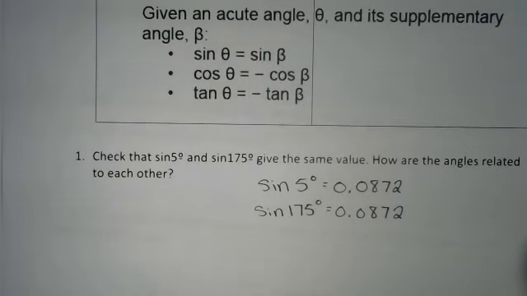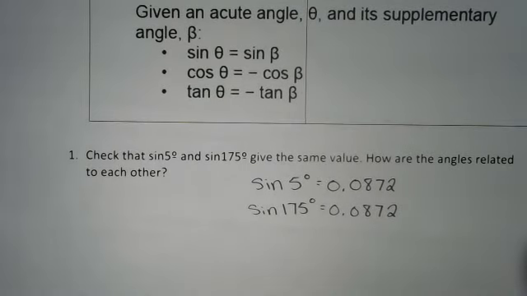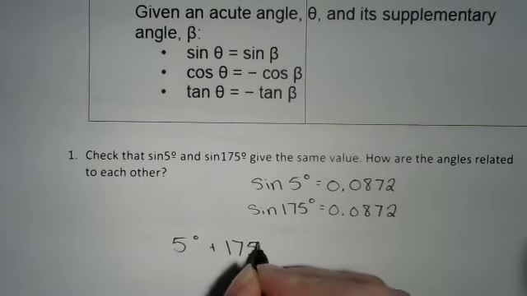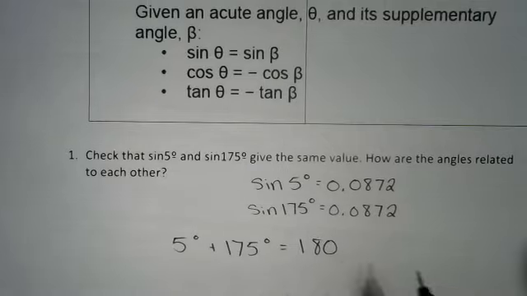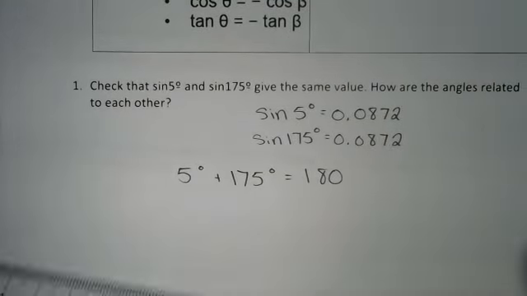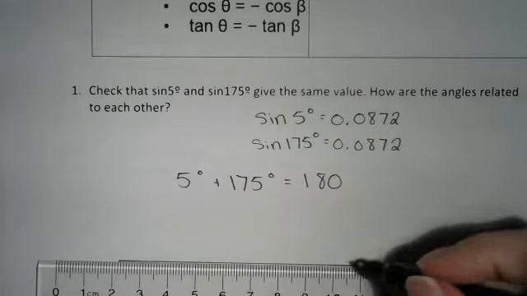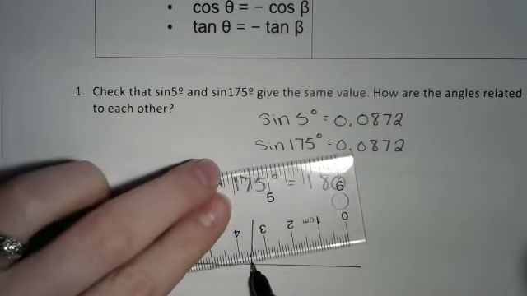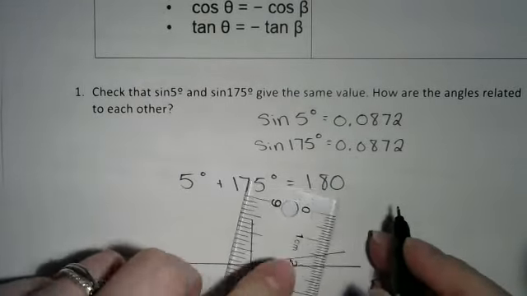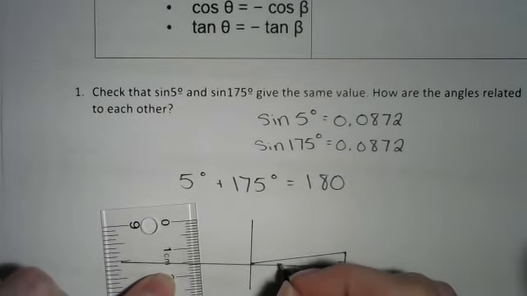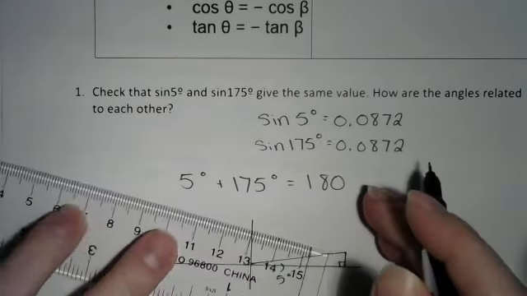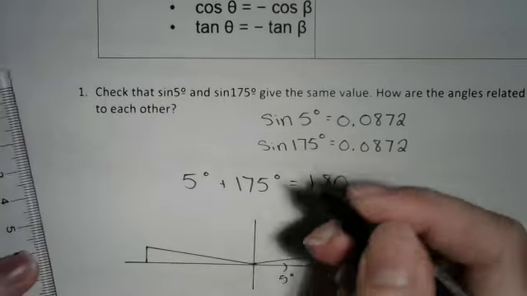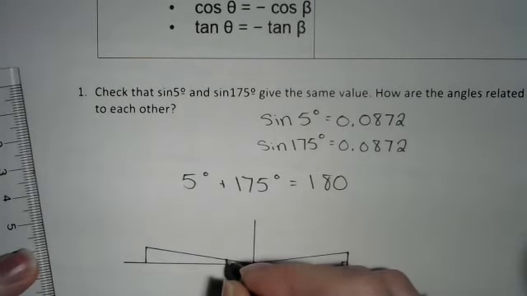Okay. Now, these two are the same. How are the angles related to each other? From our last one, we know that 5 degrees plus 175 degrees equals 180. In other words, if we were to look at these angles drawn in standard position, 5 degrees, that's a pretty small angle, maybe it's like that. 5 degrees would be here, and our 175 degrees would be 180 minus 5 degrees.